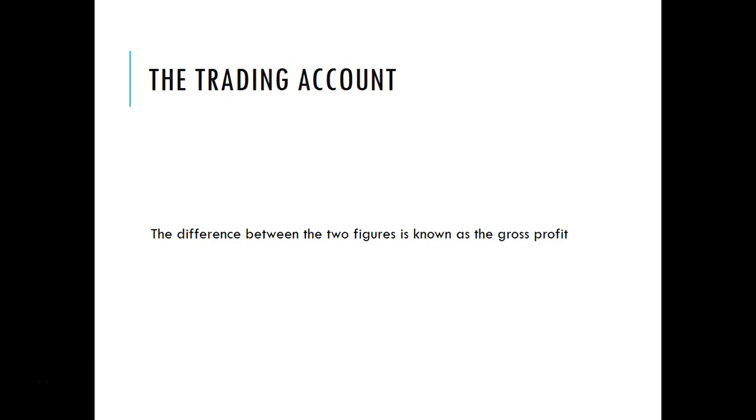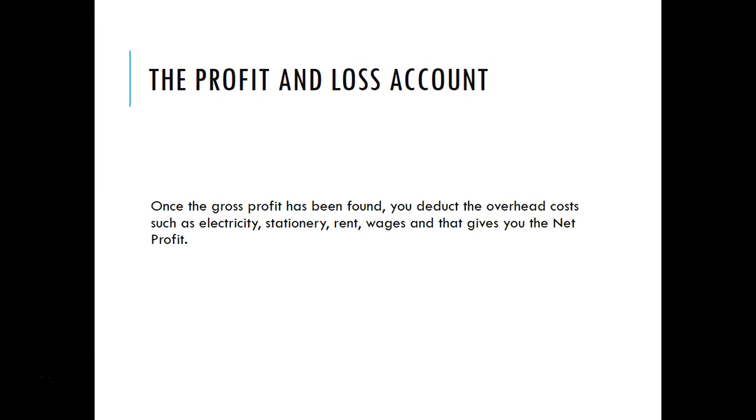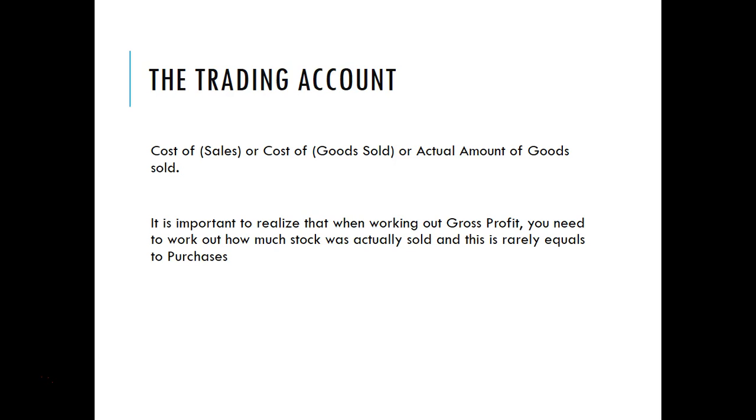And I say the difference between the two, between sales and these direct costs, is referred to as the gross profit. Once we have found the gross profit, we deduct all the other overheads that I was talking about, like electricity, rent, stationery, wages, and then we arrive at net profit.